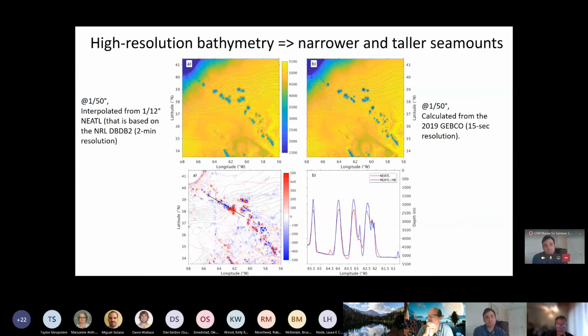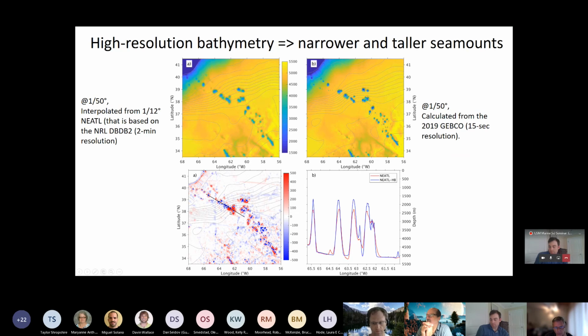So if we look a little more carefully at the difference in bathymetry underneath the Gulf Stream, the time mean sea surface height is represented in the light gray contours, and you see that they are much sharper, but also more isolated at the New England seamounts than here. And at the bottom, you see the difference, with red positive versus negative in blue.